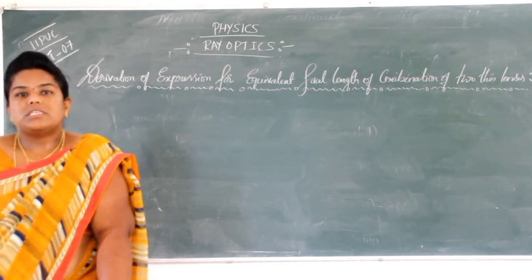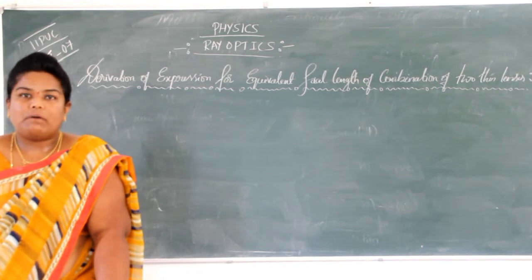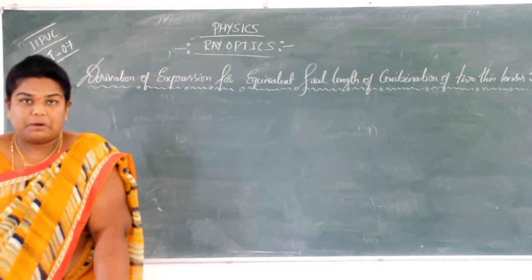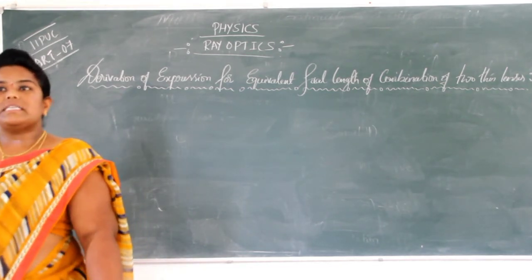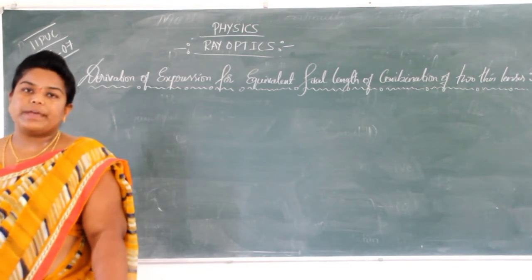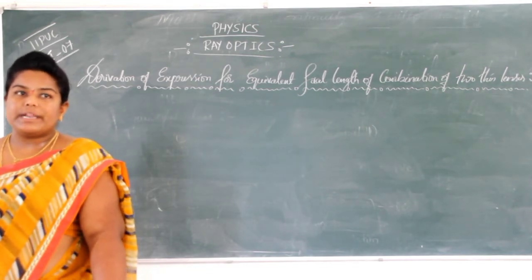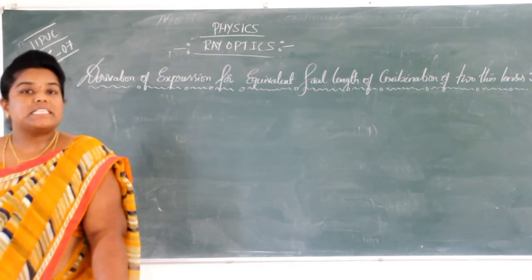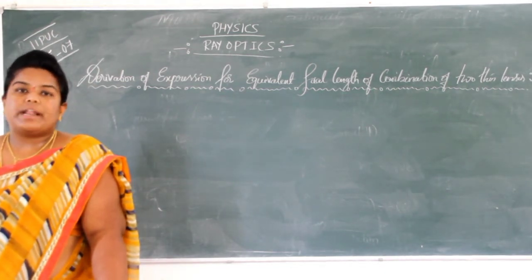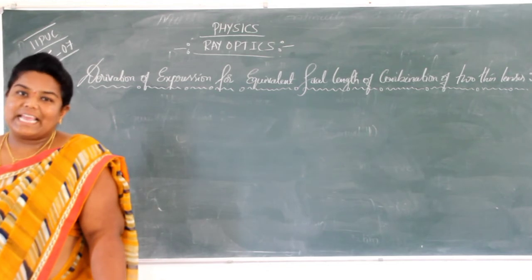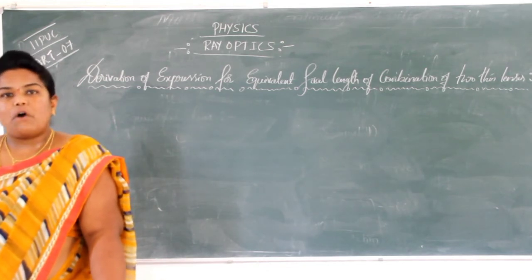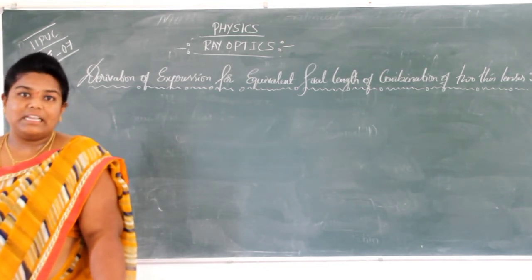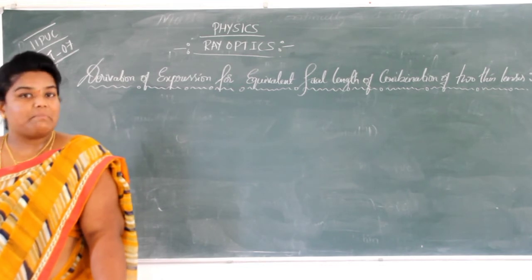Okay, good. Sometimes we may have a lens which has less power. Less power magnifies only a very small amount of the object, which means the image formed is not that clear.